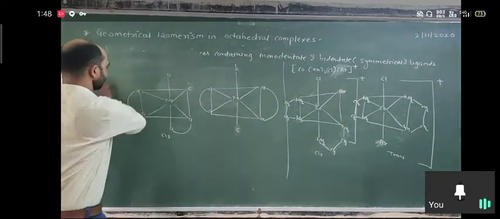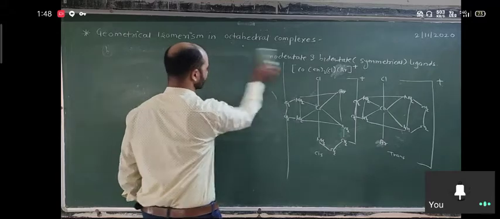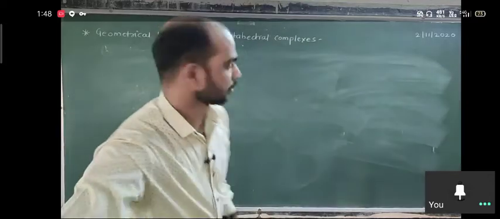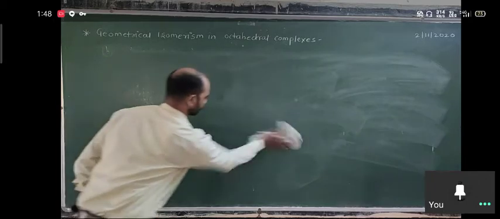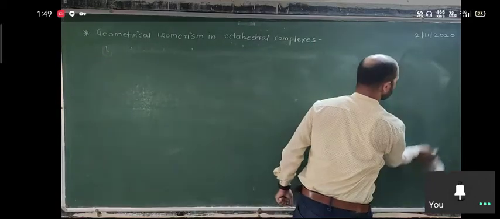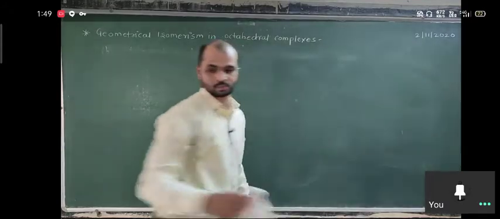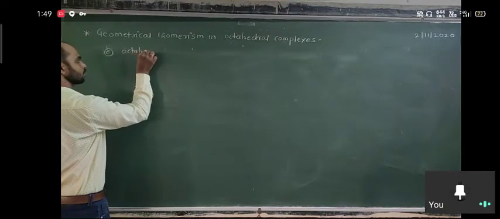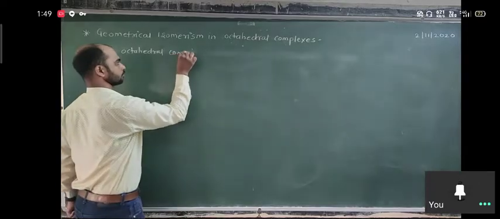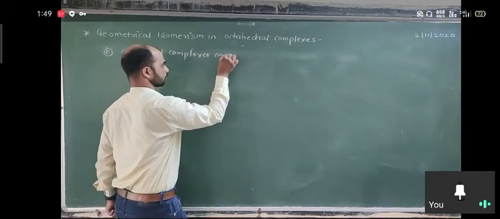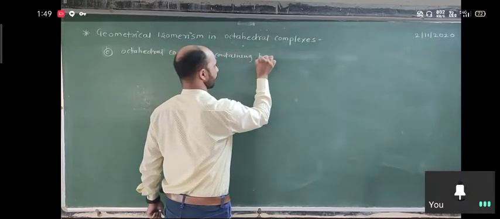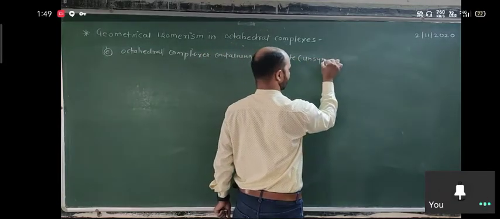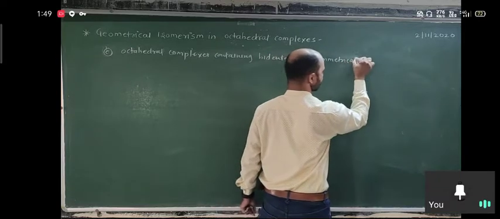We are going to discuss the third point, or C point: octahedral complexes containing bidentate but unsymmetrical ligands.